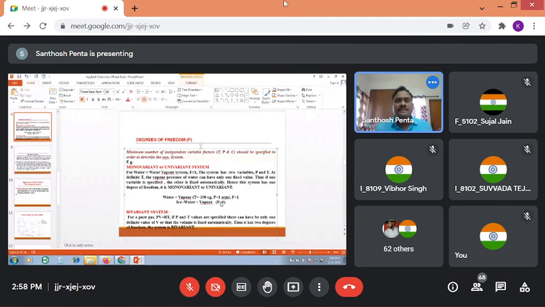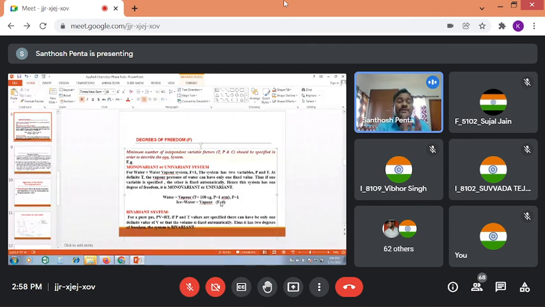Simply you say water is in equilibrium with all three phases. That means temperature is 0 degrees centigrade, pressure is 4.58 mm of Hg. So you are not required to specify either temperature or pressure. So hence F is equal to 0. That means this is a non-variant.